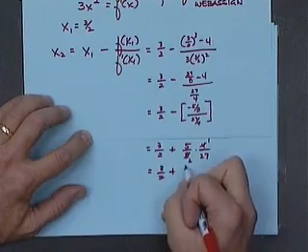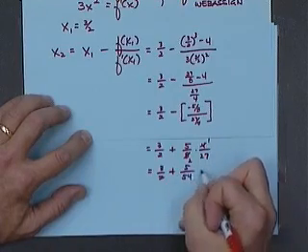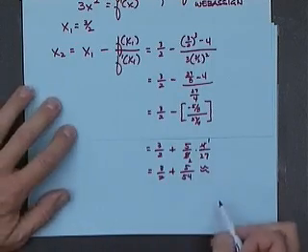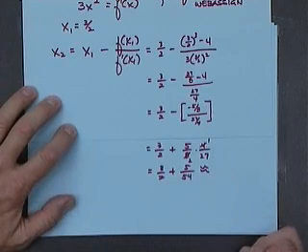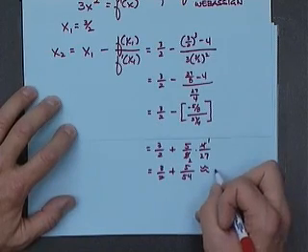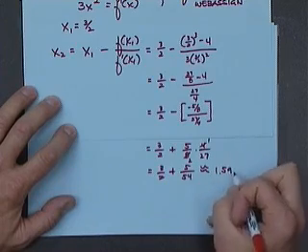So 5 over 54. Probably abandon exact values at this point and go to decimal approximations. What is that? Give me about 4 decimal places. 1.5925.